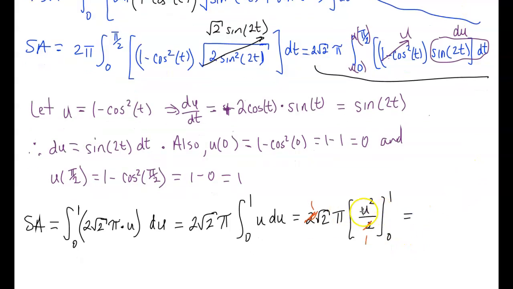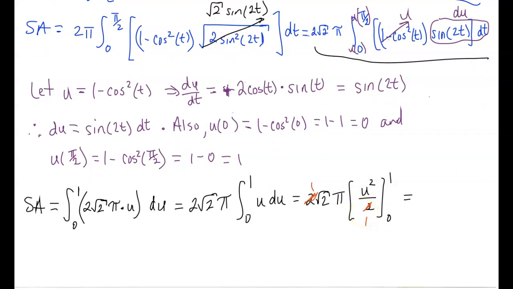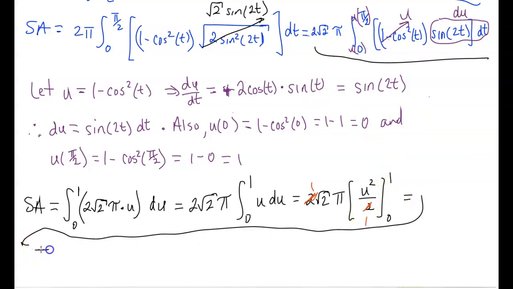And let me scroll up here, get a little bit more room. And this will just be pi times square root of 2 here. And we'll plug in 1. So that'll just be 1 squared minus 0 squared. And of course, all that inside the brackets there will just end up being 1.